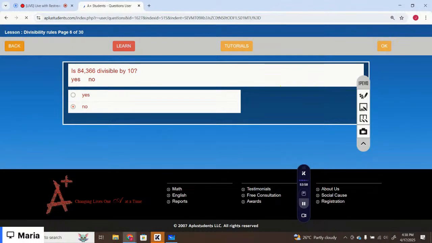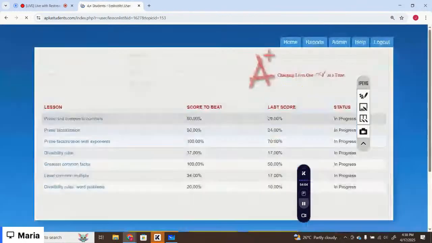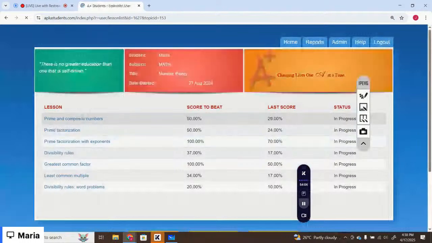Okay, you can complete the lesson by yourself today. We will discuss this lesson in detail in the next session, right? So we were working on grade 5 math. The chapter we were working on is number theory.